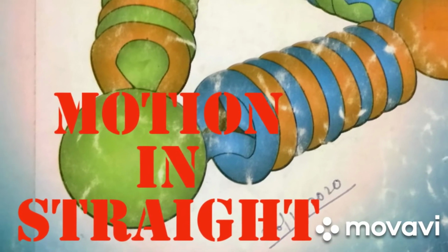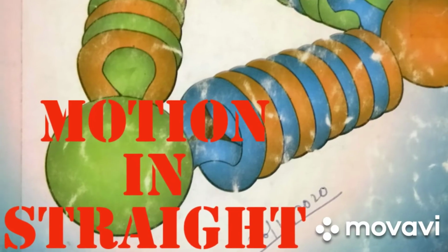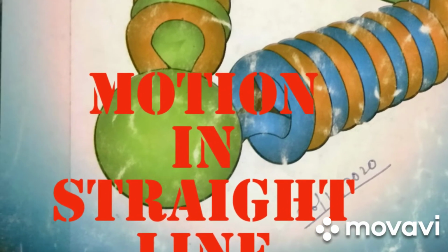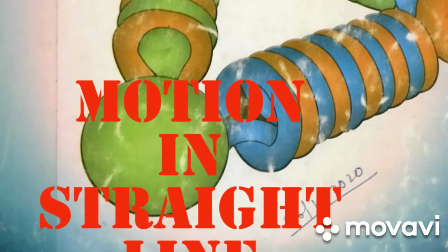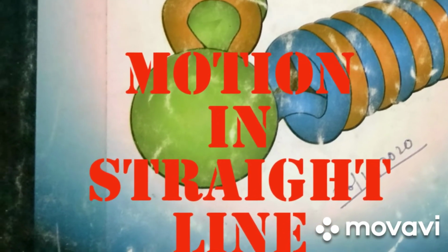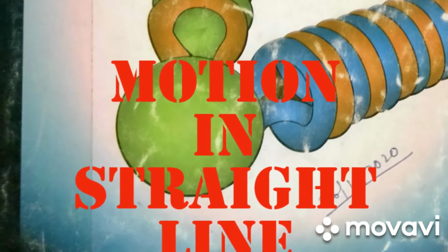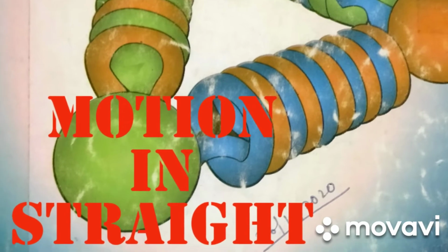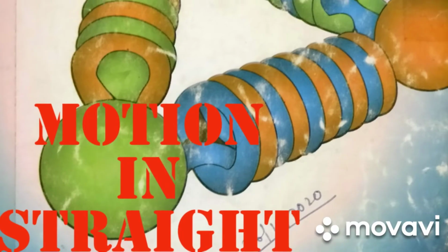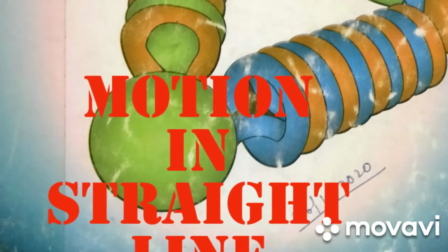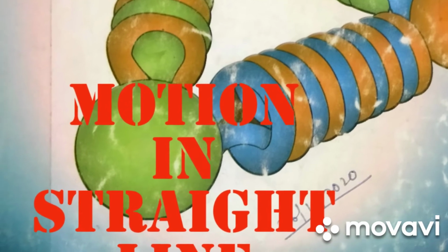Instantaneous velocity is the velocity of the object at any instant of time, that is displacement by time, where the time duration tends to a limiting value, time tends to 0.